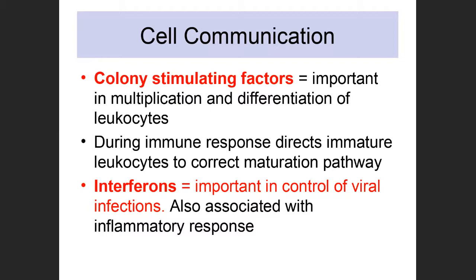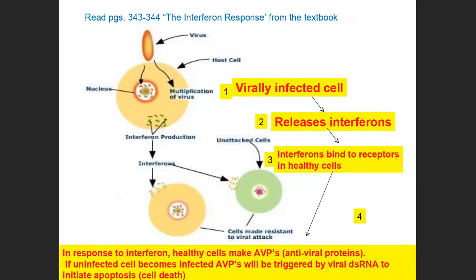But the cytokine we want to spend a little bit of time on is interferons. These are small proteins which are important in control of viral infection. And this is the way interferon works.